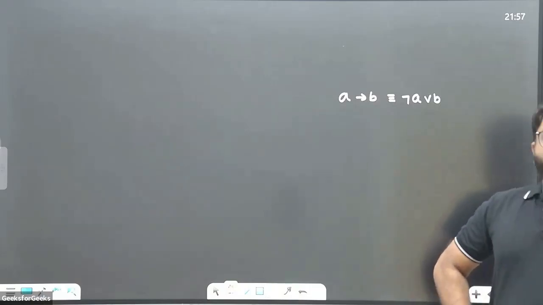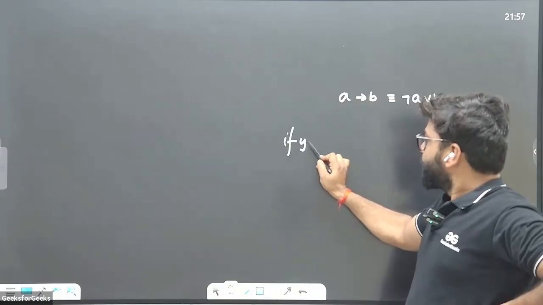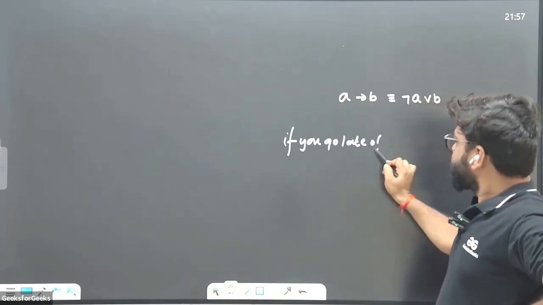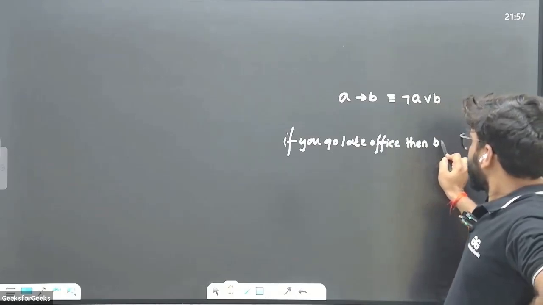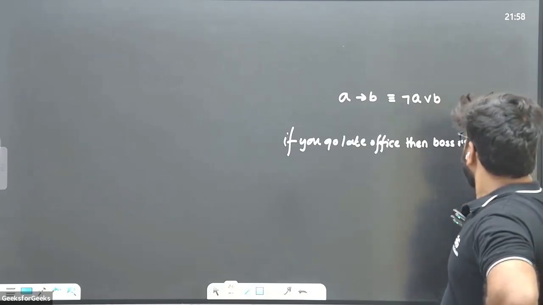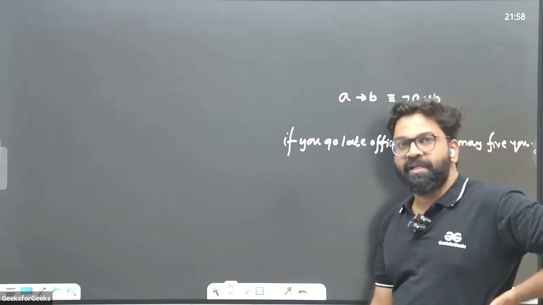A implies B. For example, suppose you are writing the statement that if you go late to office, then boss may fire you. Suppose you are writing A implies B, something like that.